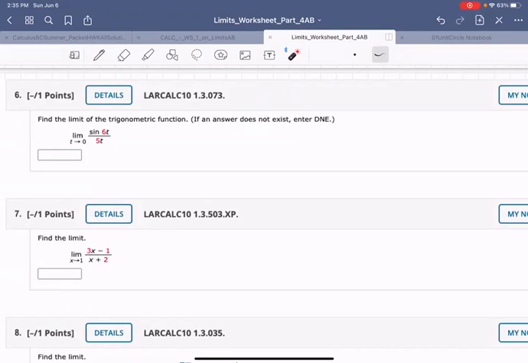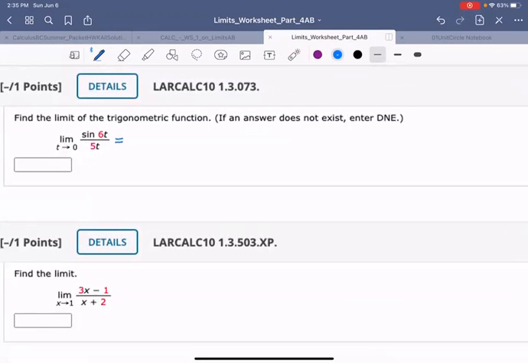Emily, let's work on number 6 together. So limit, we copy down this. Sine 6t, we don't know sine 6t over 5t, but we can match a 6t on the denominator, correct? Here this is a 5, this is 6. It is not the same. Doesn't matter.